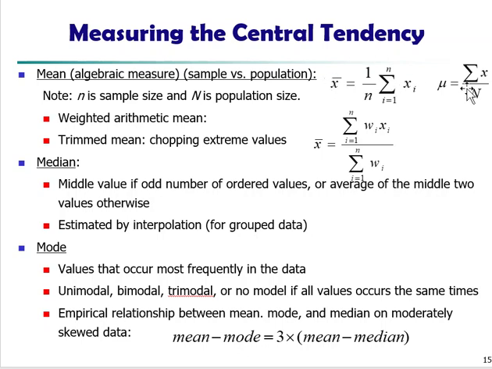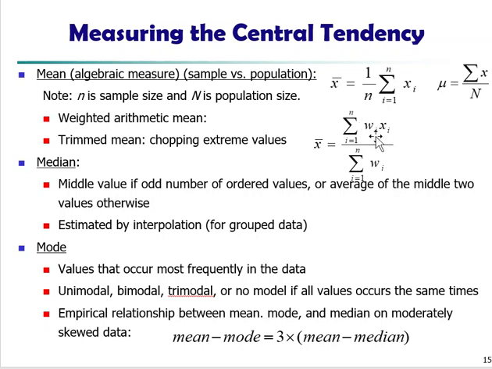However, when you look at these two formulas, they're exactly the same. Only the n is the sample, and this N is the population. So we sum up all the individual values and then divide it by the number of the observations that we have. That gave us the average. Also, in machine learning, a very commonly used arithmetic mean is weighted arithmetic mean, because a lot of times our attributes may not have equal weight.